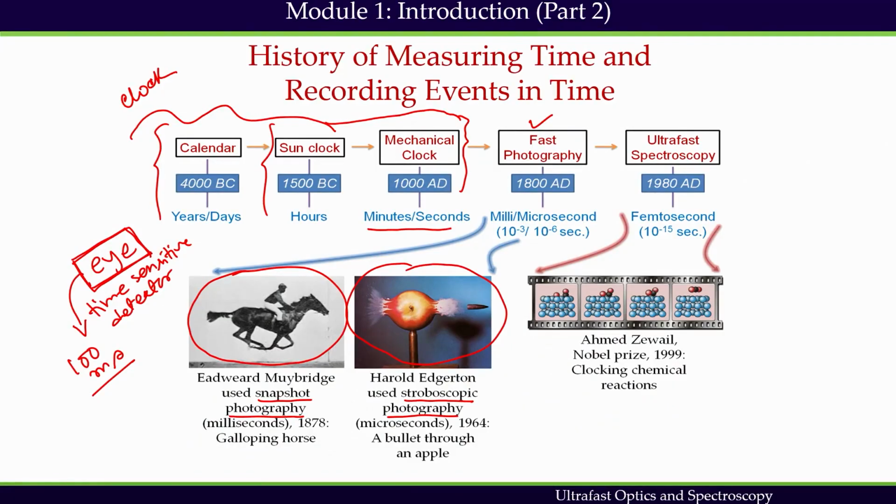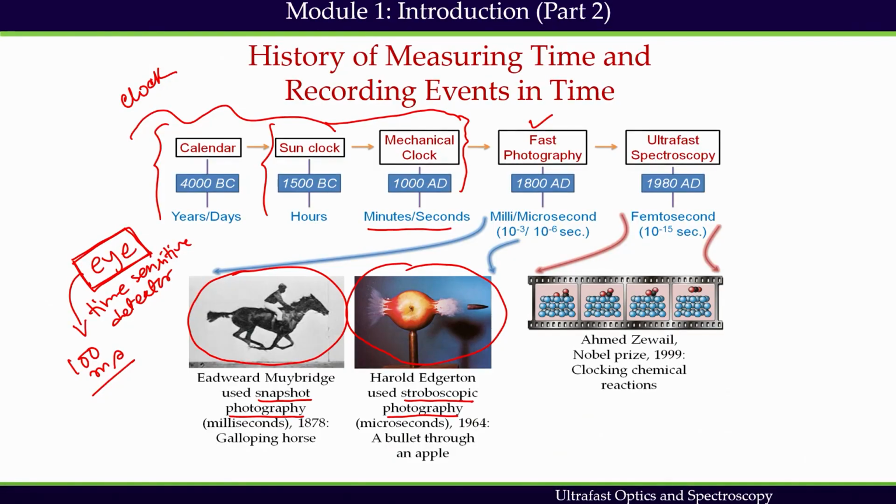But in stroboscopic photography, we keep the event in a dark room, so the event is going on in a dark room. I have the camera pointed at the event in the dark room, so I cannot see anything, and then I use a very brief flash of light, and I'll be able to capture the event. That is called stroboscopic photography.